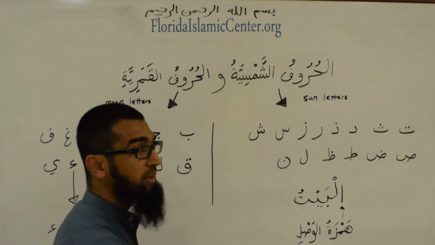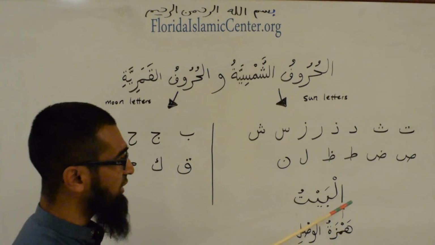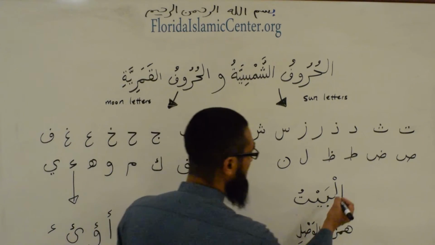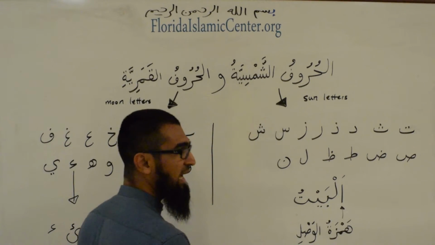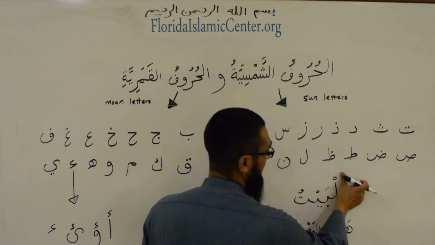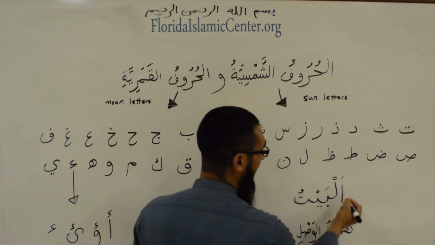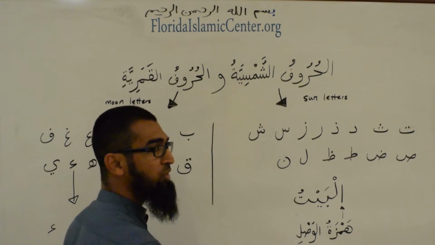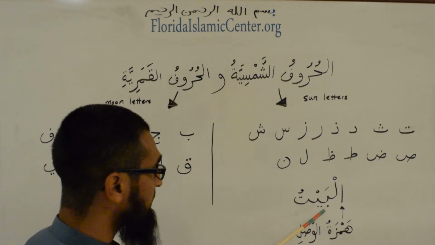You pronounce it at the beginning of your speech, at the beginning of the word. So we say a, al. We give it a fatha, a. But a lot of times it's not going to be written, so I'm not going to write it. Again, a, but it's not written. Al-baytu, the house.